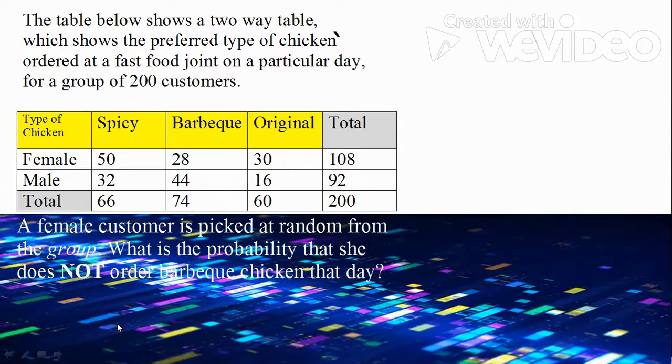But before we can answer the question, I want you guys to understand what probability means, in its simplest way. Because what is probability? Your probability is what you want, or in other words, your favorable outcome divided by your total possible outcome.